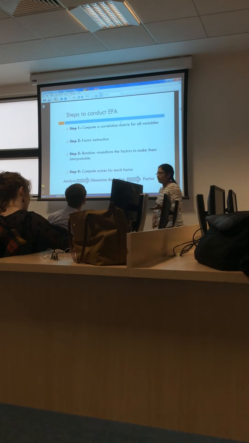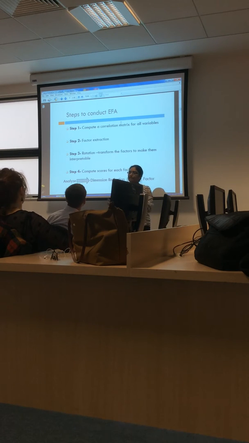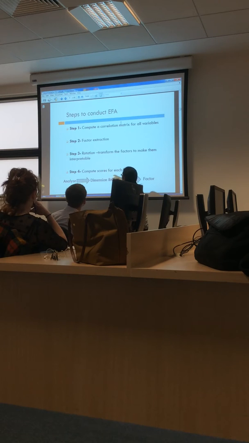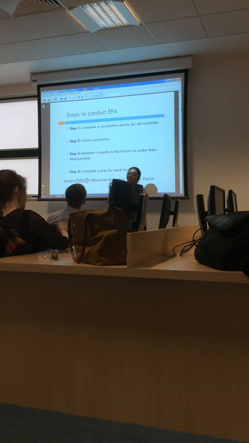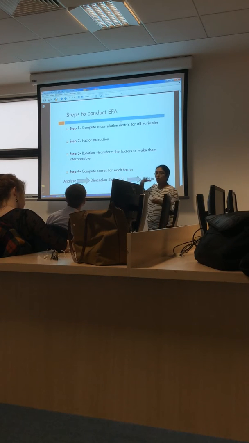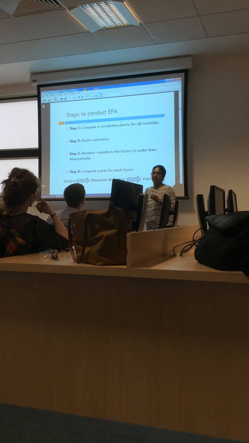Last time, when we were doing the exercise for research methods, I saw people just directly going and talking about step 4 without even telling me anything about step 1. I don't know whether the data that you have collected is fit for analysis, whether it is fit for exploratory factor analysis. So the first step is all about making sure that your data is fit to conduct a factor analysis. So don't ignore these steps.